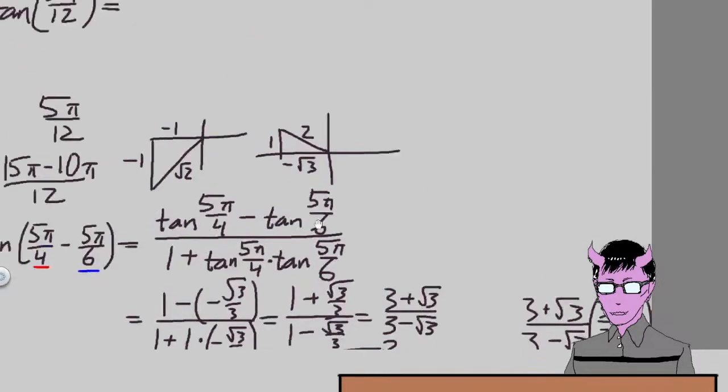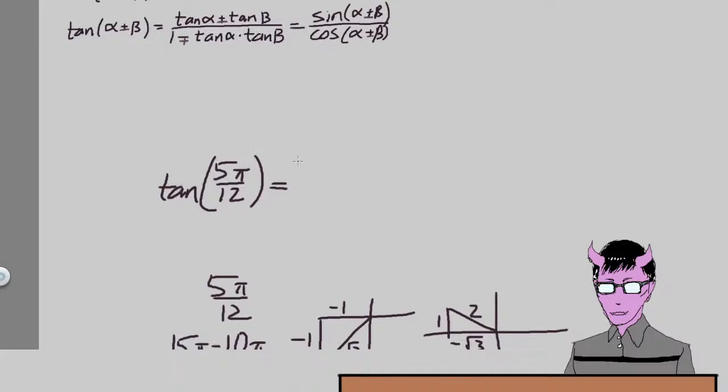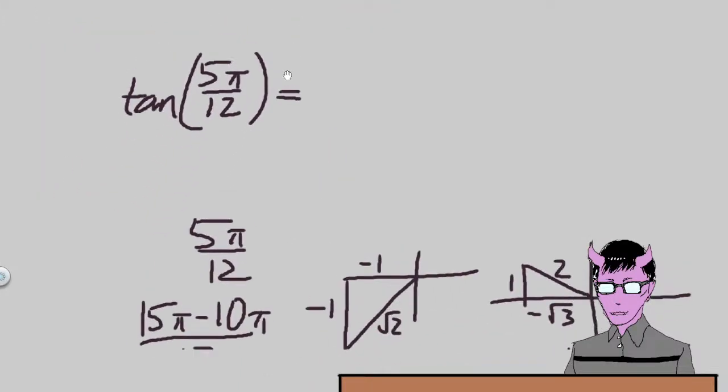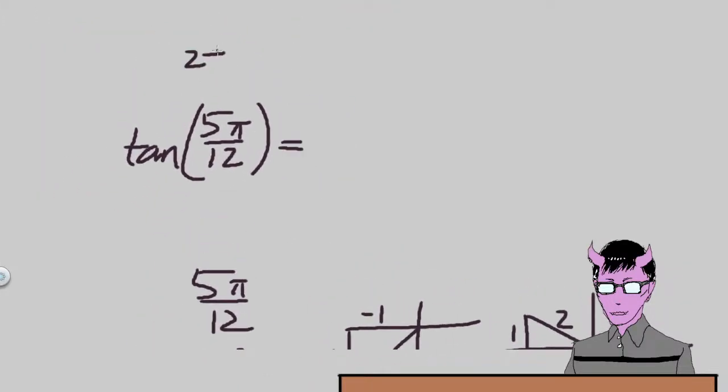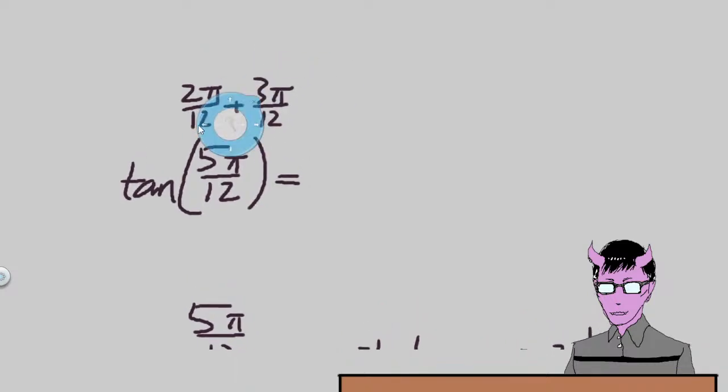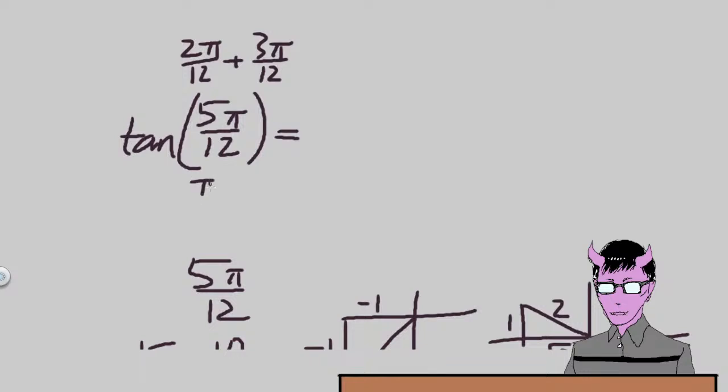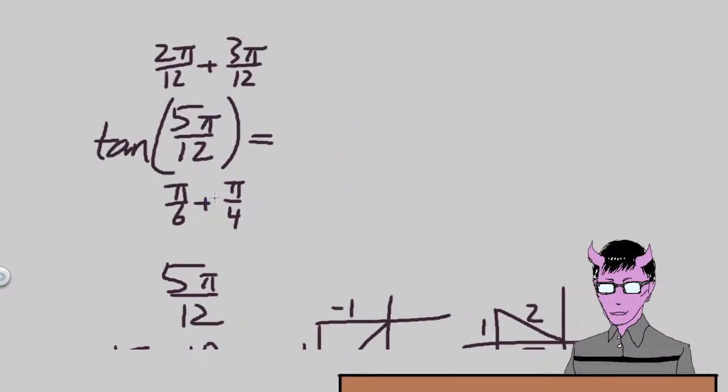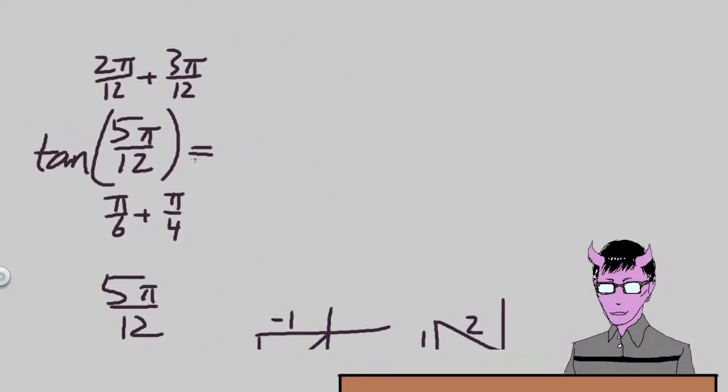Okay. So using the other situation, we are evaluating for the 2 pi over 12 plus 3 pi over 12, which is essentially pi over 6 plus pi over 4. I probably mixed the order, but since this is summation, it doesn't really matter, as long as we stay consistent.